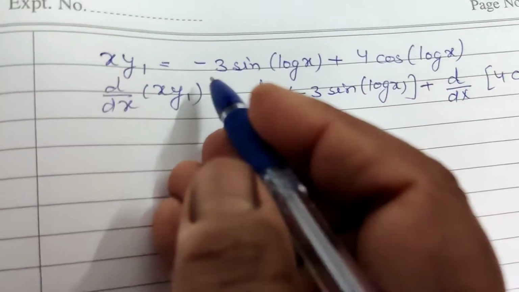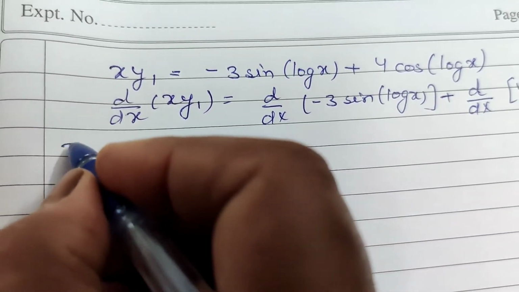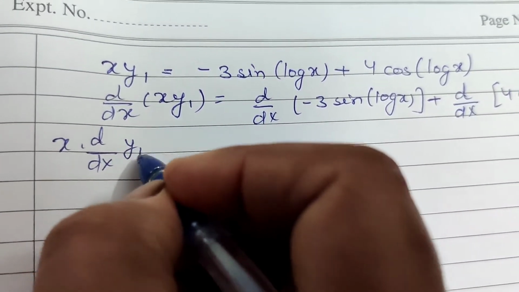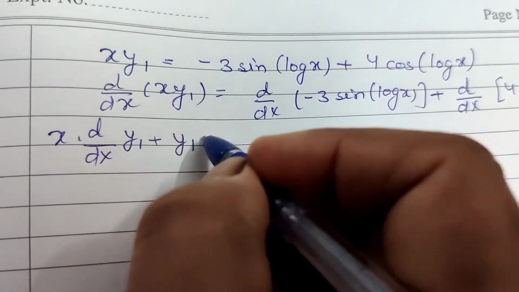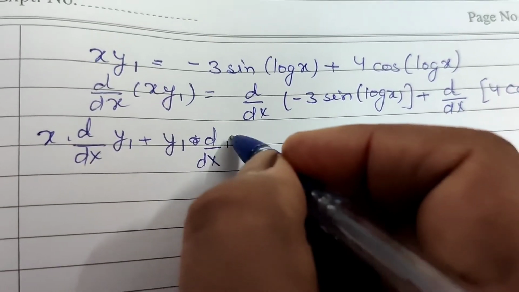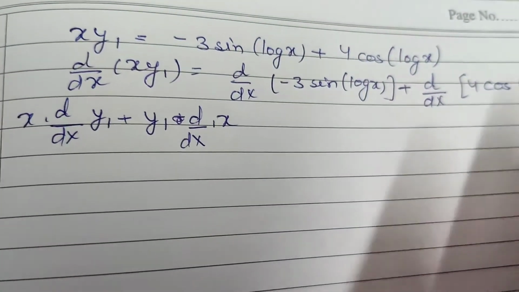The differentiation of x y1 means x d over dx of y1 plus y1 and d over dx of x, by product rule.